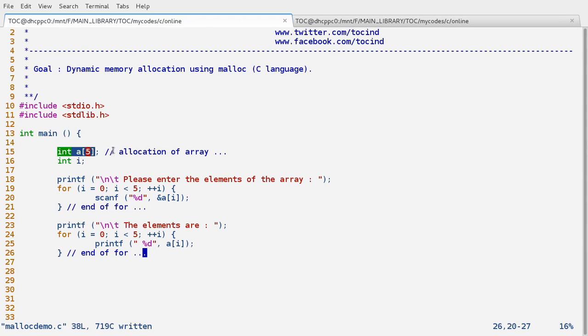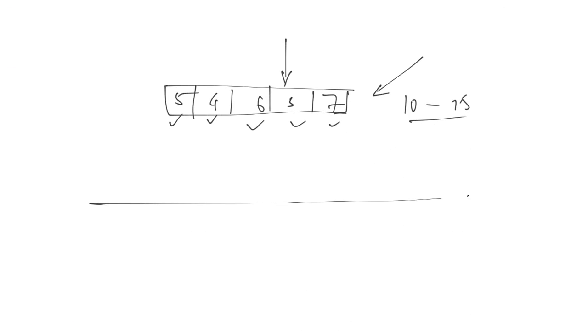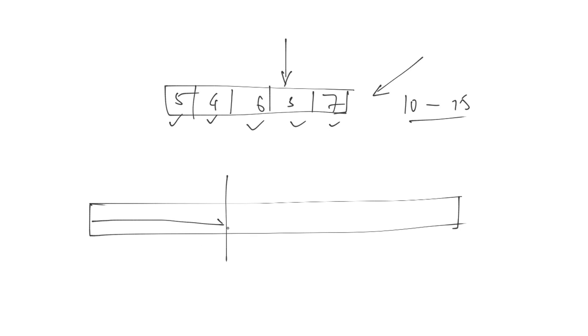So if we are not aware of how many students there are, let's take up some big space. Say it is 50. For 50 students, I'm going to allocate this space. So this is an array for 50 students, and we have stored only 28 students' ages.